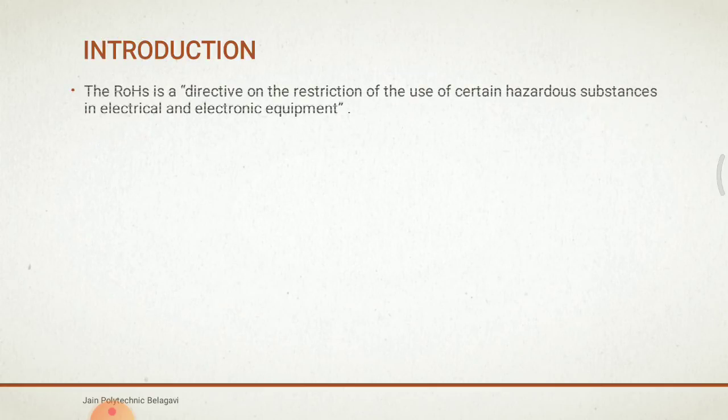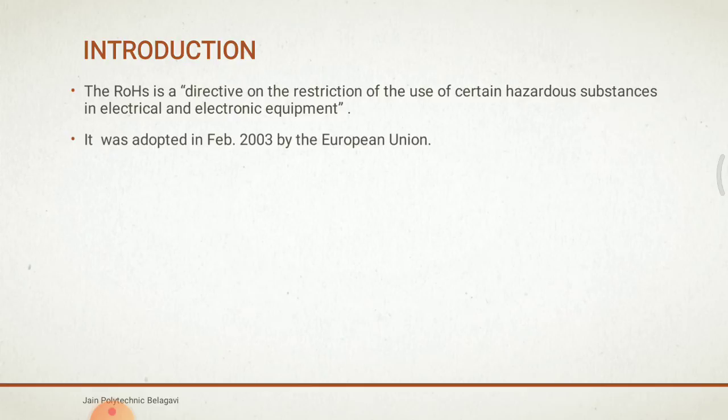Here, RoHS means Restriction of Hazardous Substances. It is a directive on the restriction of the use of certain hazardous substances in electrical and electronic equipments. It was adopted in February 2003 by the European Union.